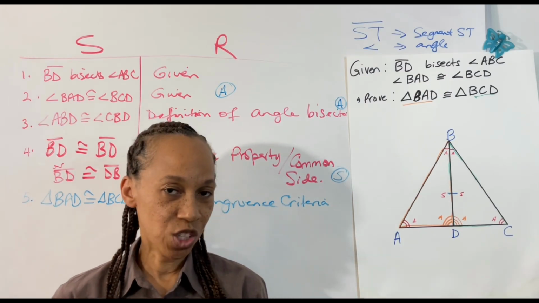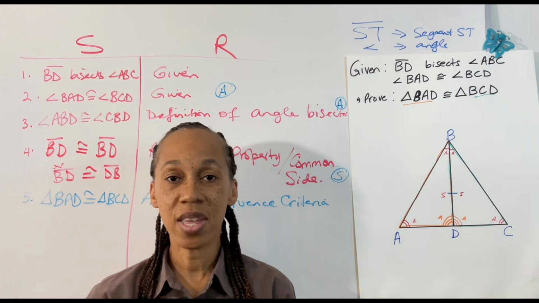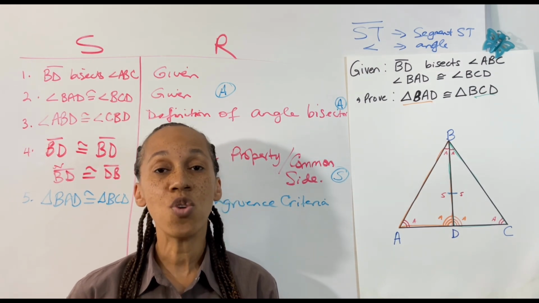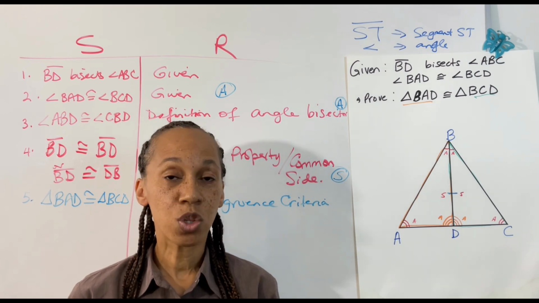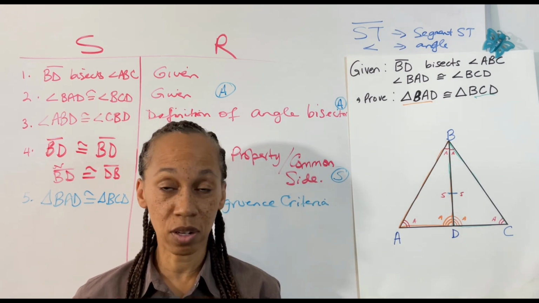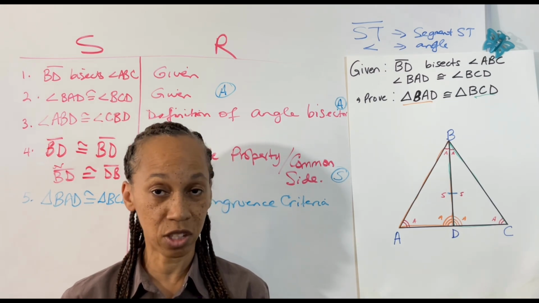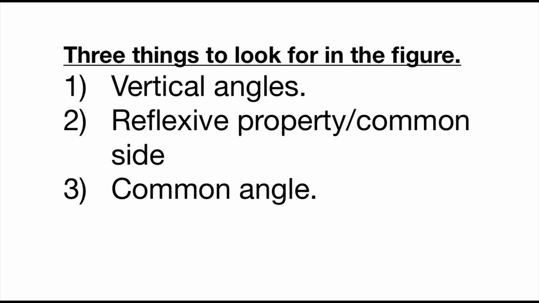So before we get started in writing proofs, there are three things that you should be looking for when you are given two diagrams or two triangles, or it could be one big diagram with several triangles in there. You have to look out for vertical angles. You have to look out for the reflexive property, or what we call the common side.